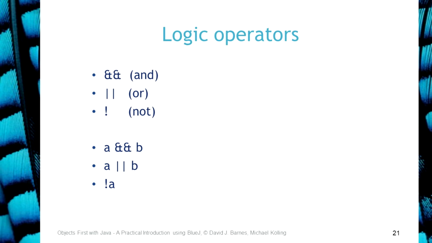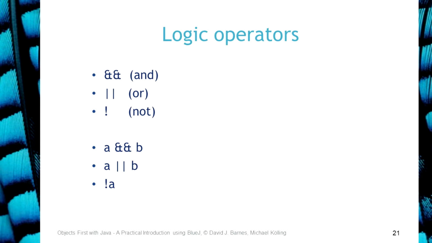Logic operators operate on Boolean values, which, remember, are true or false, and produce a new Boolean value as a result. The three most important logical operators are AND, OR, and NOT. Here we see the symbols as they're written in Java. The first expression shown here, A and B, is true if both A and B are true, and false in all other cases.